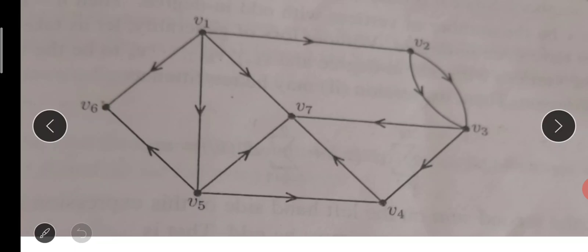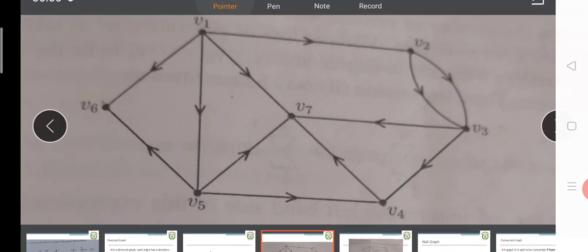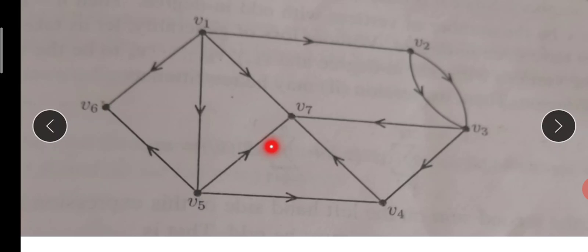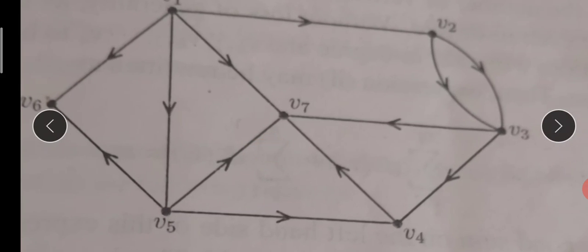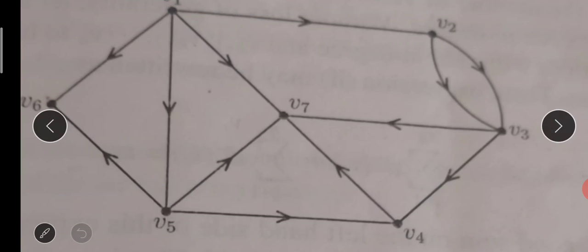Then what about V4? How many in degree and how many out degree? How many edges are coming to V4?